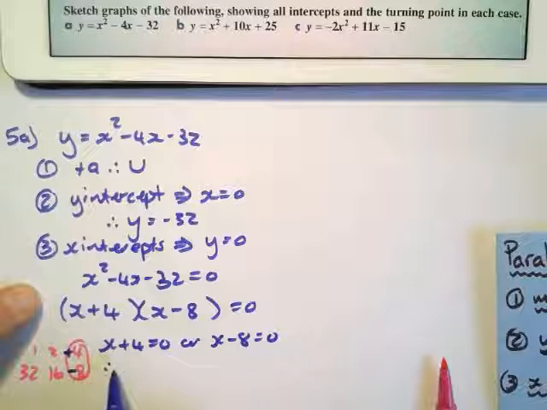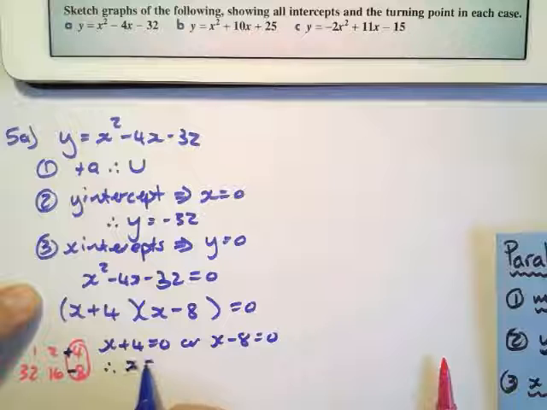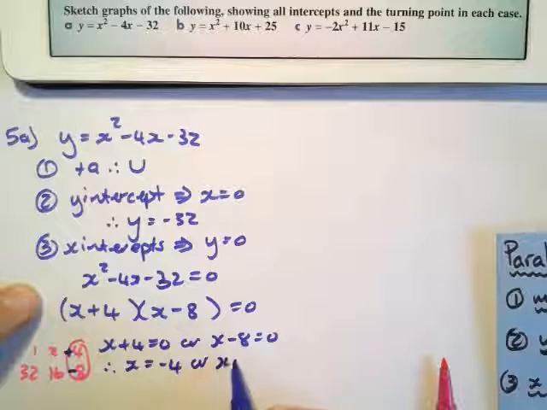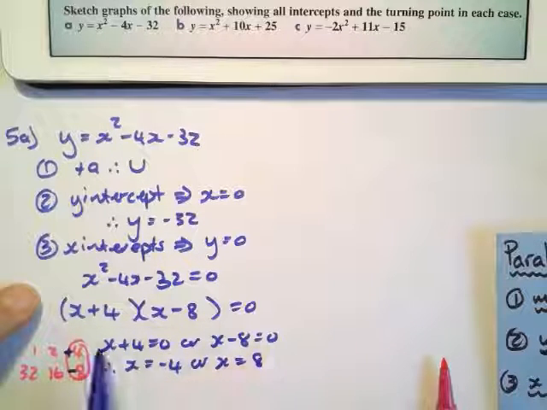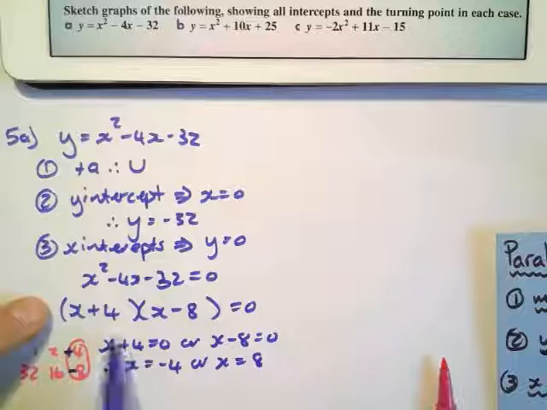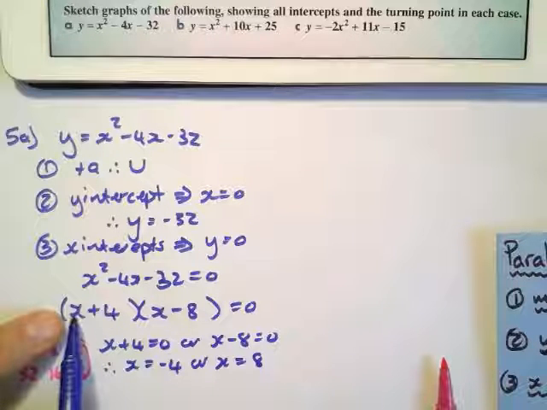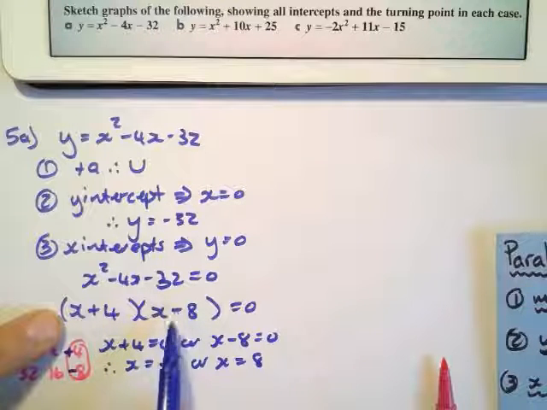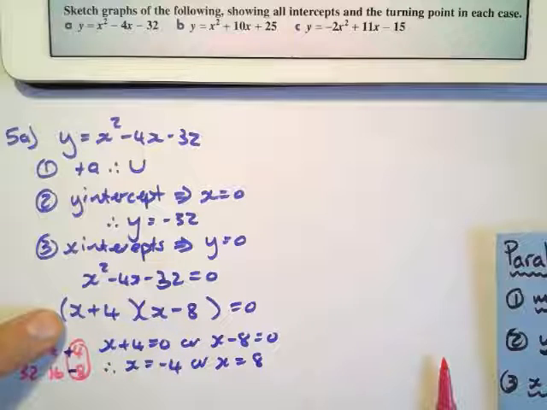In other words, plus 4 goes to the other side, x equals negative 4 or x equals 8. Now I don't have to put in this extra step. In future, remember, this needs to be 0, so x needs to be negative 4 or x needs to be positive 8. Always the opposite of what this is, the inverse. So I've got my x values.